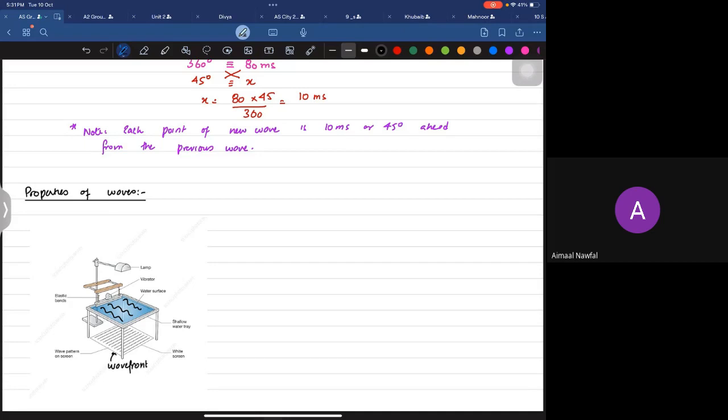The definition of wave fronts is included in our course, so we're going to write it here. A wavefront is a line connecting crests moving in phase.